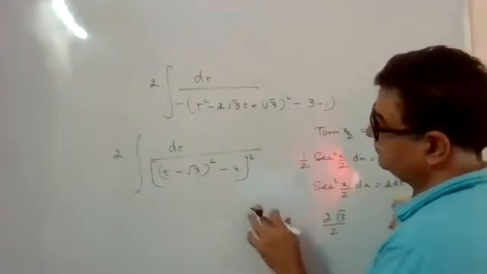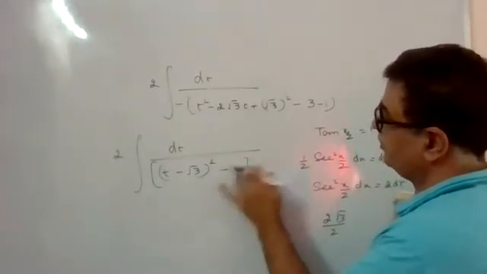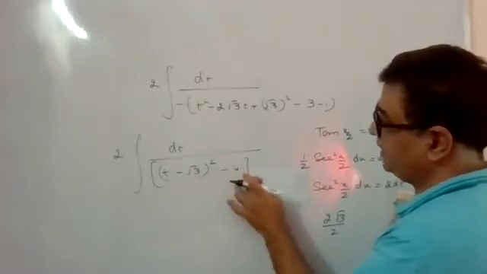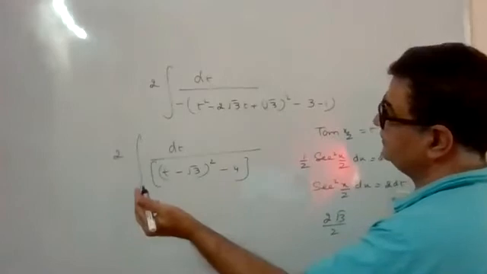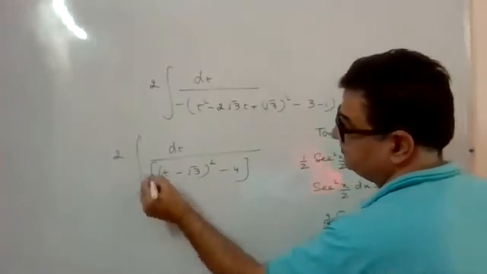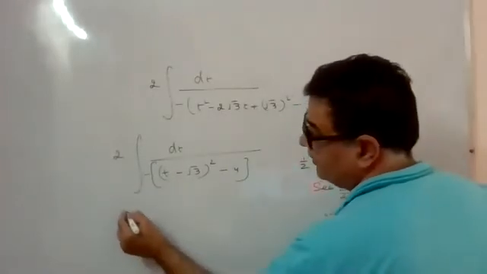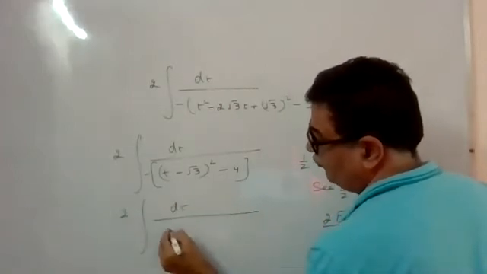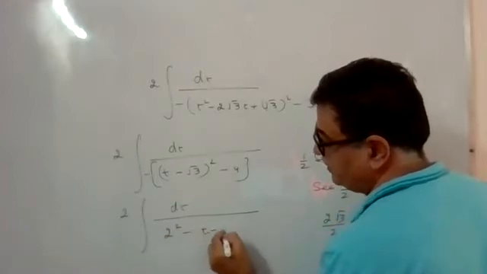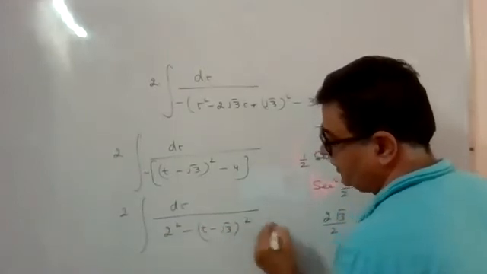So this is t minus root 3 whole square minus 4, or minus is here. Then we'll write 2 dt by 4 means 2 square minus t minus root 3 whole square.